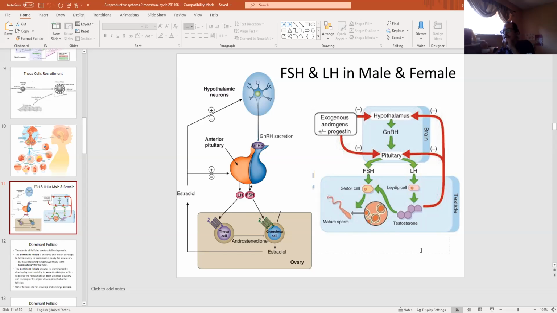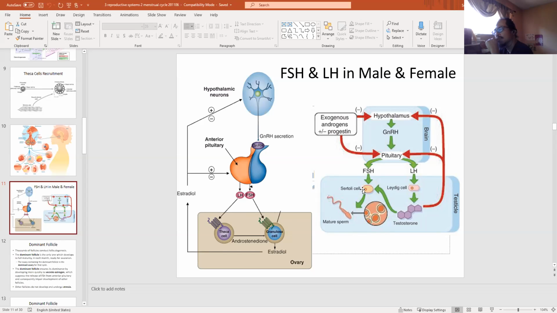This circulates around. Now we also have Sertoli. Sertoli is very much like the follicular cells. Sertoli is the one surrounding the sperm, just like the follicular cells surround the oocytes.